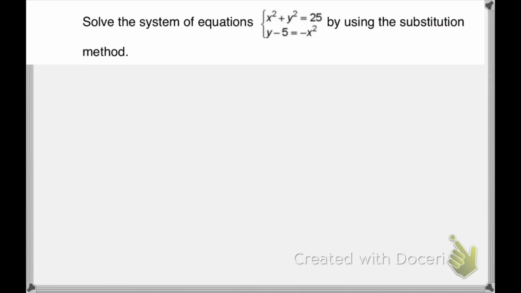So the first thing we're going to do, here is the system of equations. Notice that we have two. If I were to graph these, we get two shapes, and we're going to be looking at where these shapes intersect each other. Notice that we have a circle here and a parabola here.